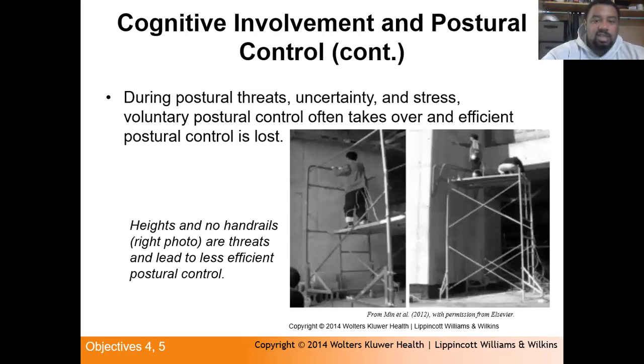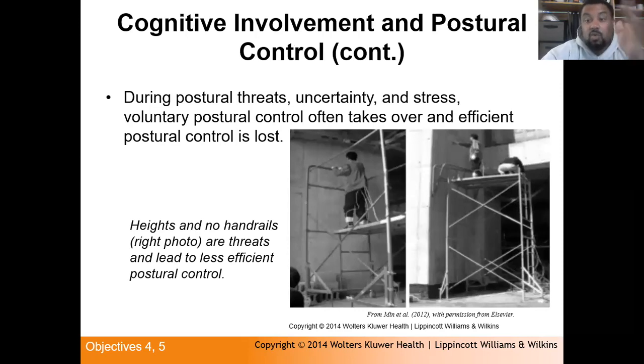Same thing here, just to continue. During postural threats, uncertainty, and stress, voluntary postural control often takes over and is less efficient. So this is just the heights and no handrails here; these are threats and lead to less efficient postural control.